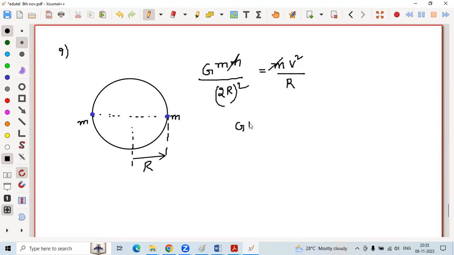G capital M by 4R square is equal to v square by R. R gets cancelled. So we get v is equal to root of GM by 4R. This is the answer. With this velocity, both particles will move around the circumference of the circle. That's it.